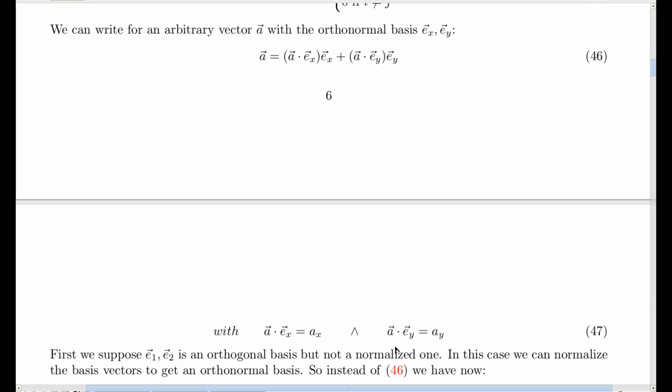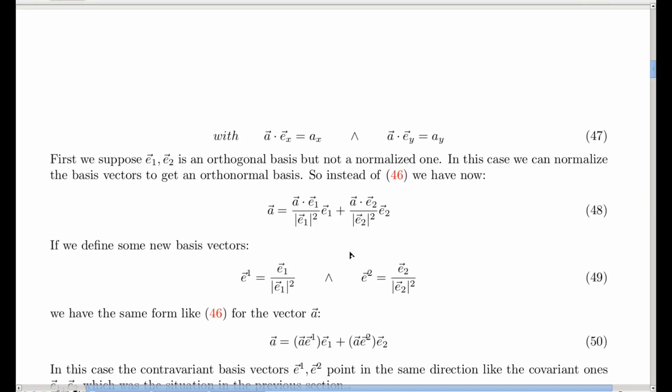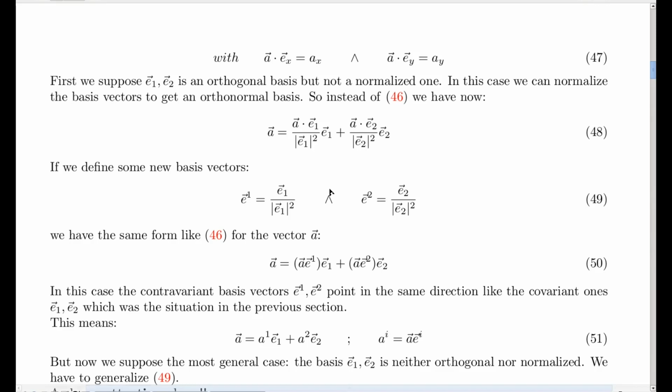So instead of 46 here, we write now this, because we have to divide twice by the absolute value of the basis vector. Okay, because we have twice the basis vector in the numerator, and so we have to divide twice then in the denominator.